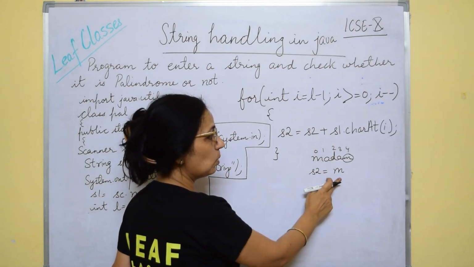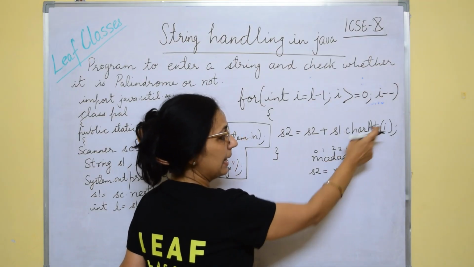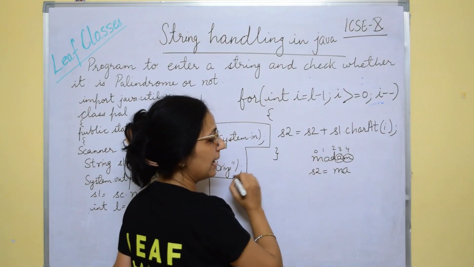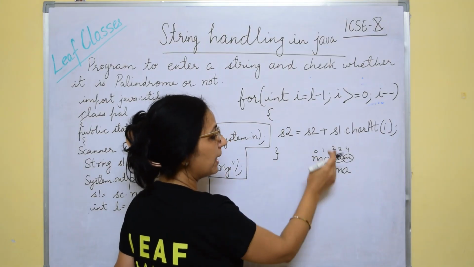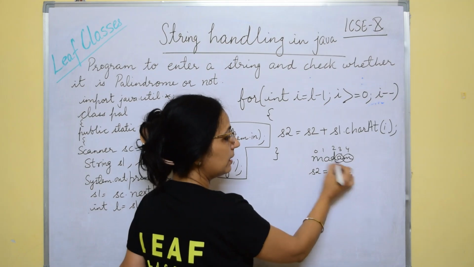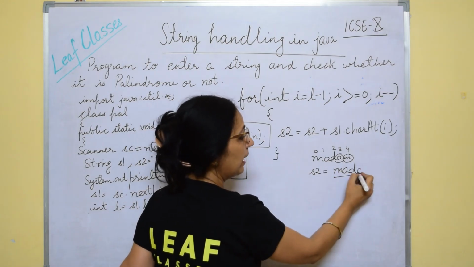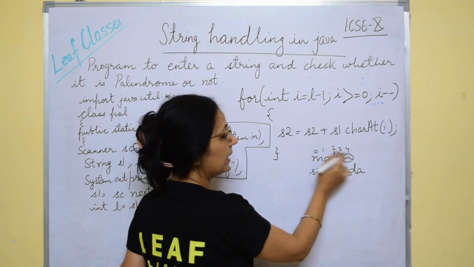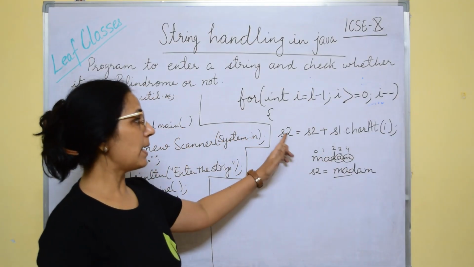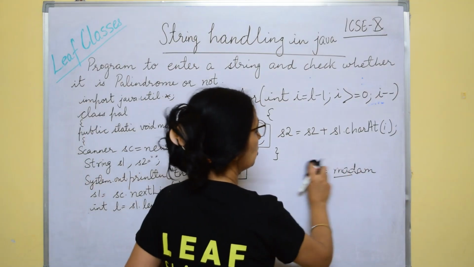S2 is M, M plus charAt(3) from S1, that is A. So A is added here. Then i becomes 2: MA plus charAt(2) is D. D is added. Then charAt(1), A is added. Then charAt(0), M is added. So like this we are adding character by character in string S2.